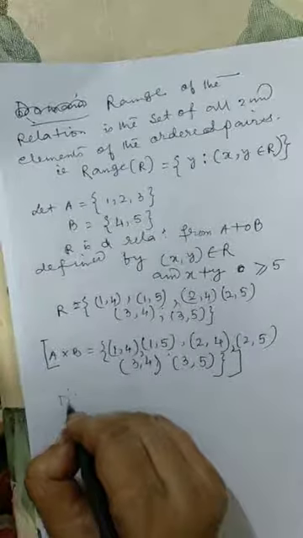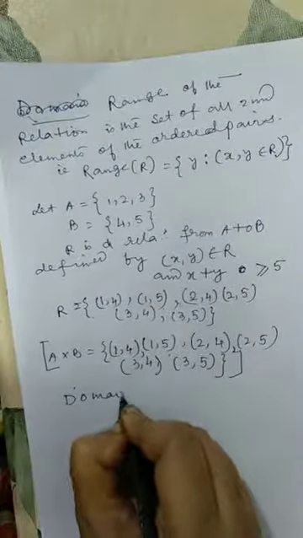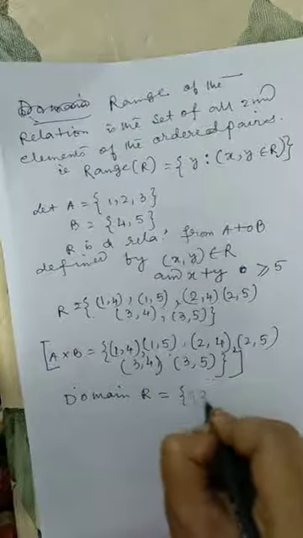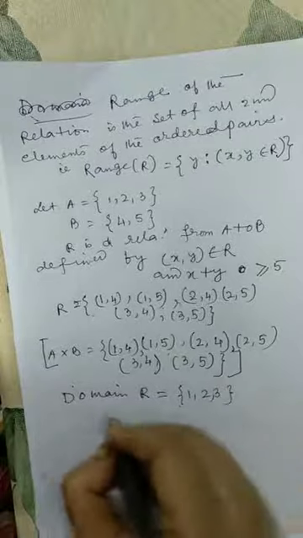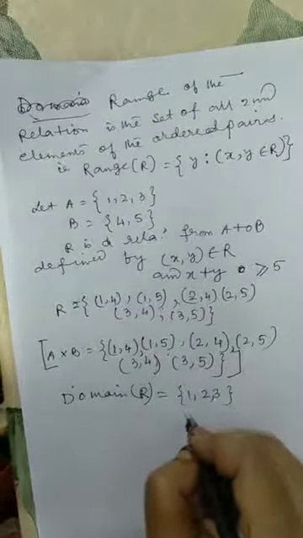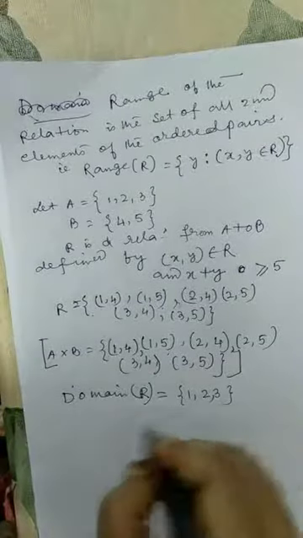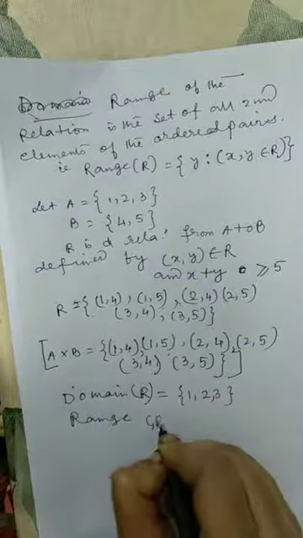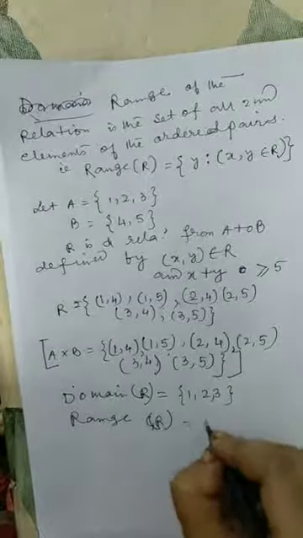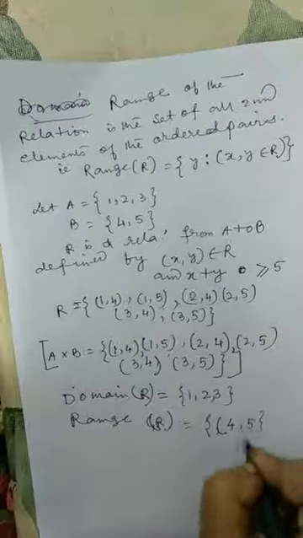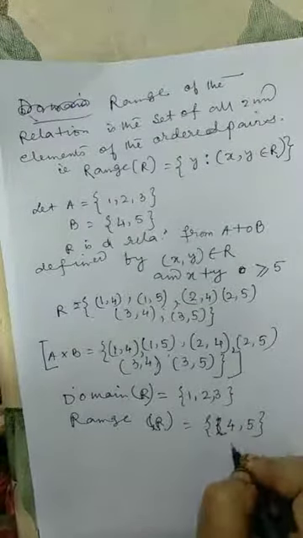So I can write domain R equals {1, 2, 3} and range R equals {4, 5}.